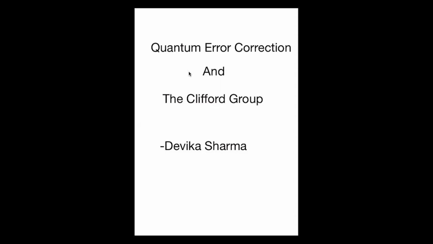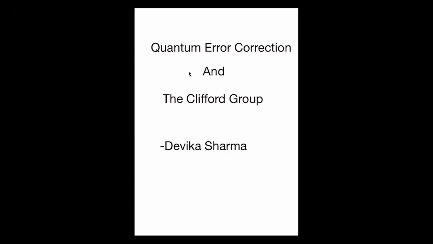So today the talk, as you can see from the title on the slide, is Quantum Error Correction and the Clifford group. It's very basic group theory and linear algebra. We will begin with brushing up the basics of quantum computing, just to be on the same page, all of us.